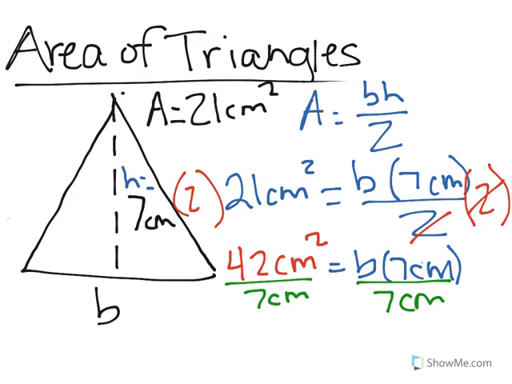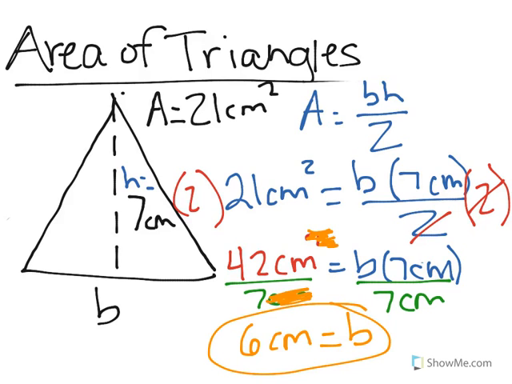So now when I divide, I can get rid of this exponent because the centimeter in the denominator goes away. And 42 divided by 7 is 6. So 6 centimeters is my base.